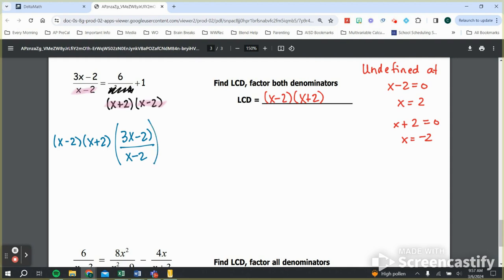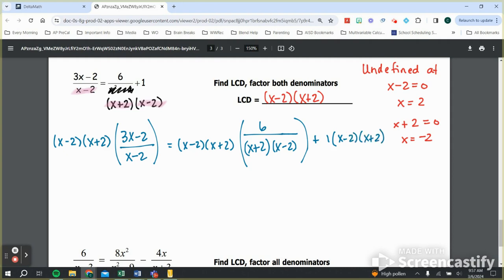And that equals x minus 2, x plus 2 times 6 over x plus 2, x minus 2. I like the factored form, it makes it easier to cancel. Plus 1 times x minus 2, x plus 2.